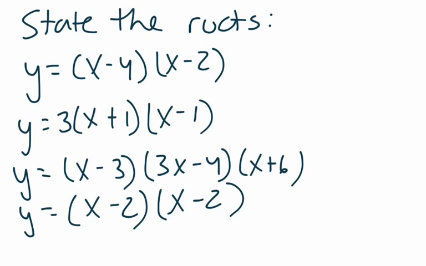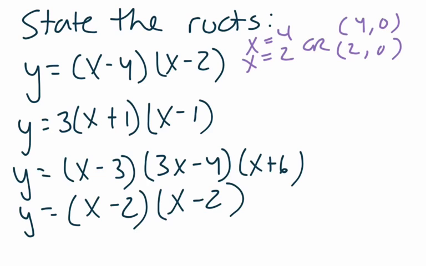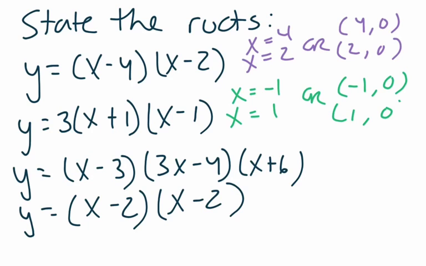For the first one, you could answer this as either x equals 4, x equals 2, or you could state the ordered pairs. So 4, 0, 2, 0. For the second one, you can say x is negative 1 and x is 1, or you can state them again as the ordered pairs.